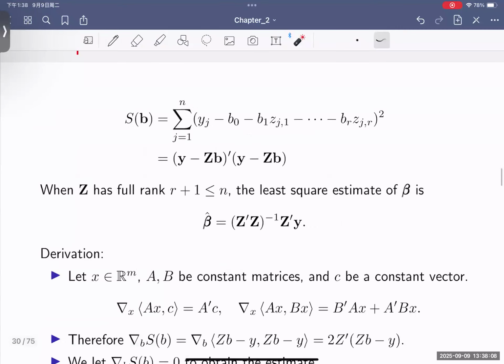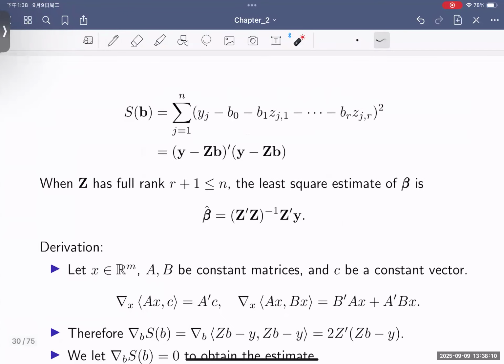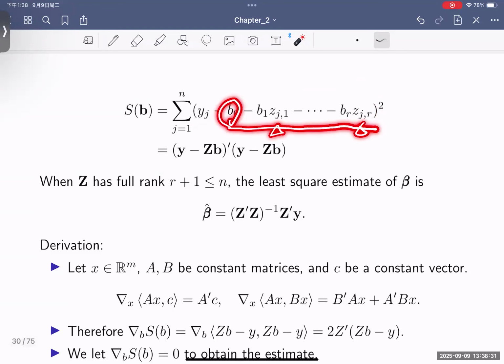So this results in our function S. Here y_j is the target, and given any b, this is our corresponding prediction on the j-th data. It's a linear combination with z_j1 to z_jr, and b is any given value here.